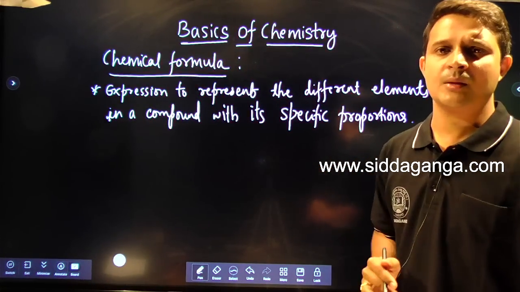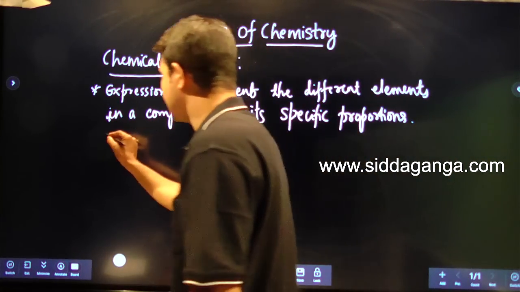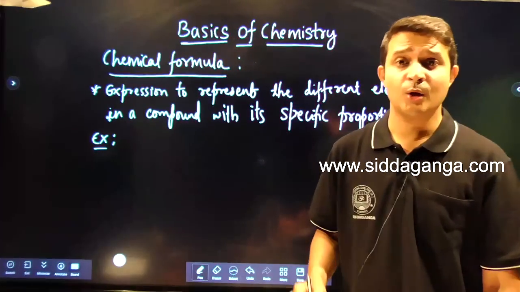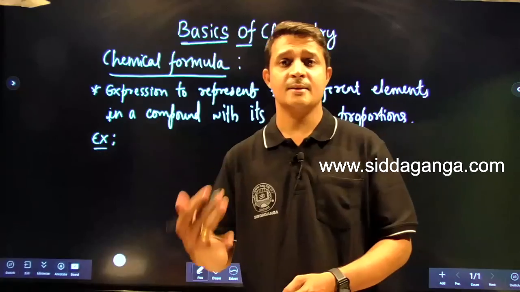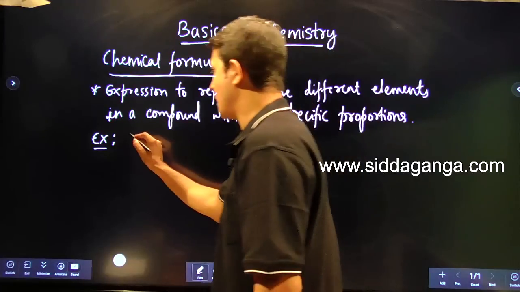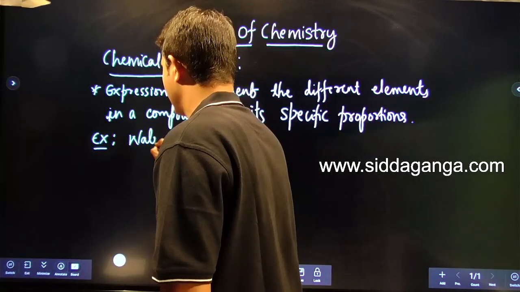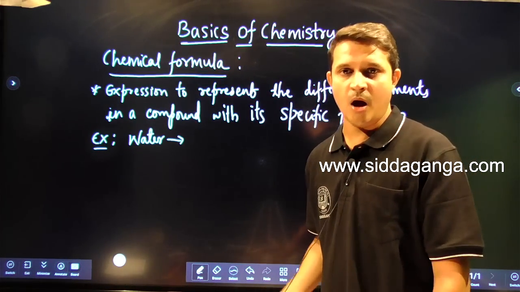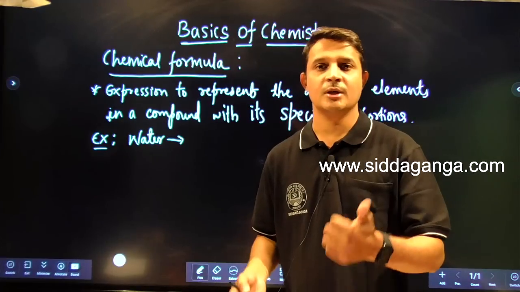To understand chemical formula, let's take an example. We all know water, how important it is to all living beings, right? So water comprises the elements hydrogen and oxygen.